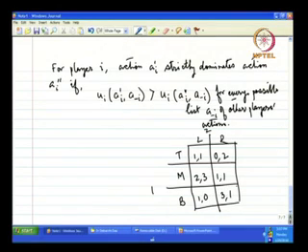Now, let us look at this game from the point of view of player 1. I can see that no matter whether player 2 takes the action L or takes the action R, M is always better than T, because if player 2 takes the action L, M is better than T because 2 is greater than 1.